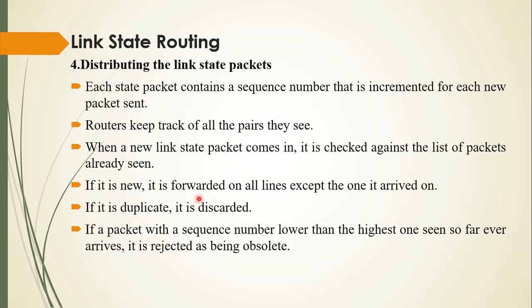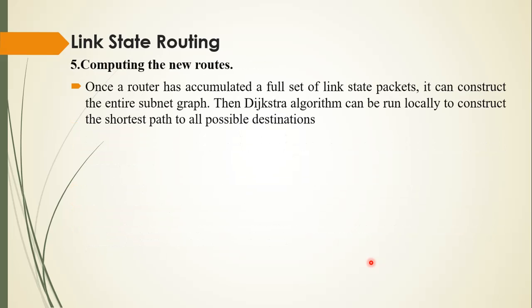If it is new, it is forwarded on all lines except the one it arrived on, so it is transferred to all other routers. If it is a duplicate, it is discarded. If a packet with a sequence number lower than the highest one seen so far arrives, it is rejected as obsolete.